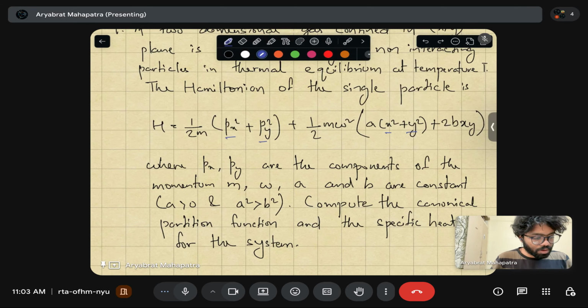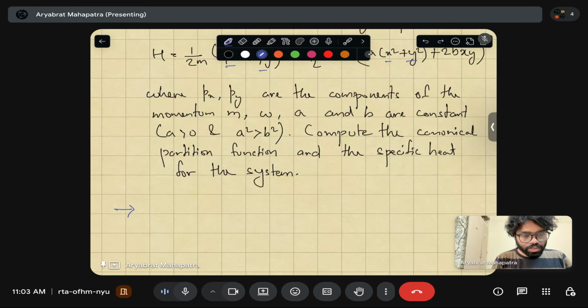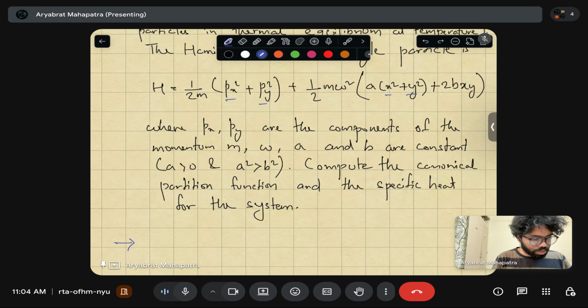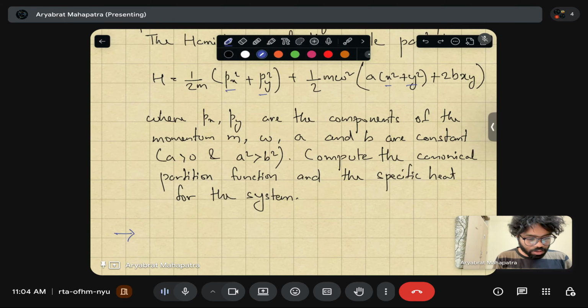If we had just a number, we could have simply put it into the partition function, exponential of minus beta epsilon. But now we first have to take this Hamiltonian, which is given in terms of phase space variables, solve the phase space integral, and carry forward.